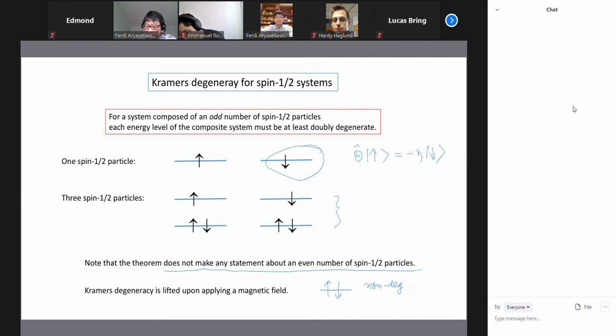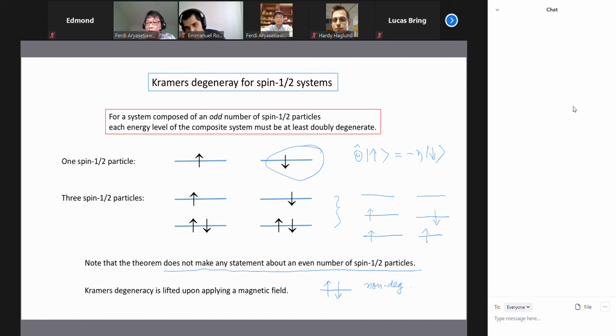But I could have a situation where we have, let's say, two, like this, or three, maybe. Then I can have a situation like this, which is degenerate then, let's say like that, this kind of states.